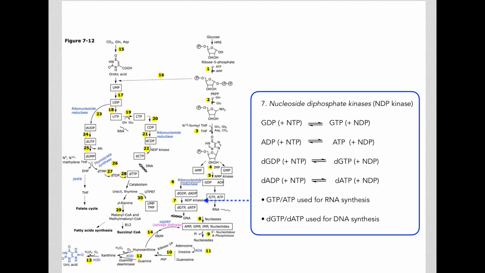So there we have it, synthesis of the deoxypurine nucleotides that are needed for DNA synthesis. We started from here, the activated sugar, and went through these steps, and now we have the substrates necessary for the enzyme DNA polymerase in order to synthesize DNA, in order to copy the chromosomes.